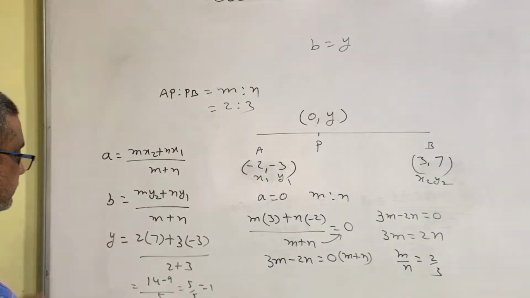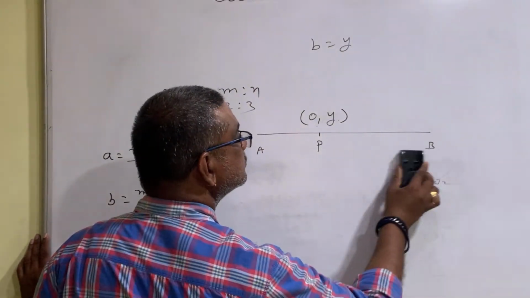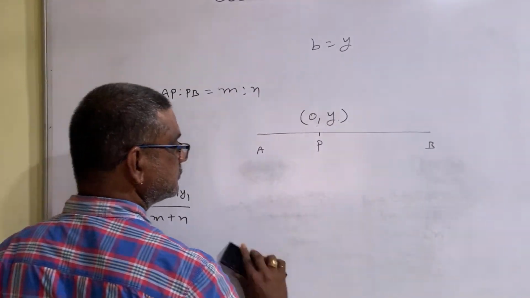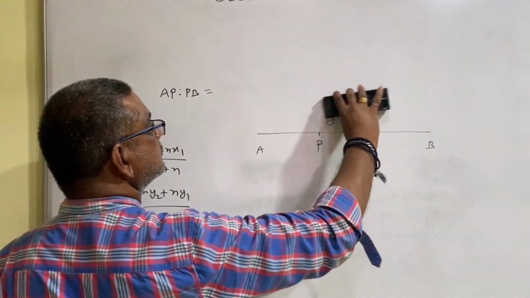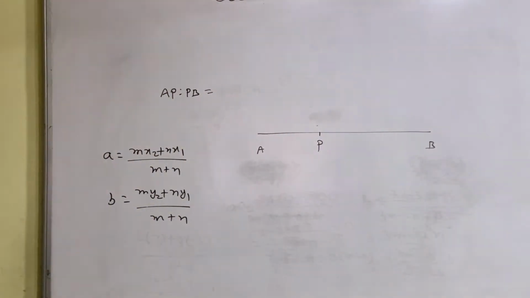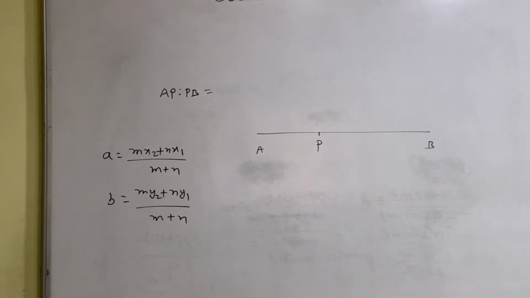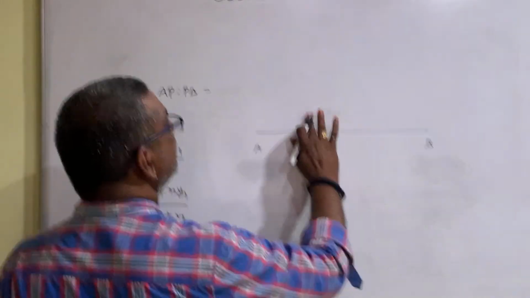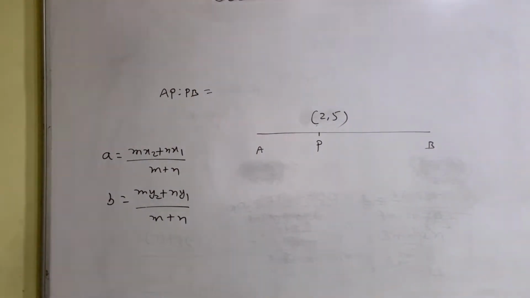One more problem. Here the coordinates of P, 2 comma 5, are given.